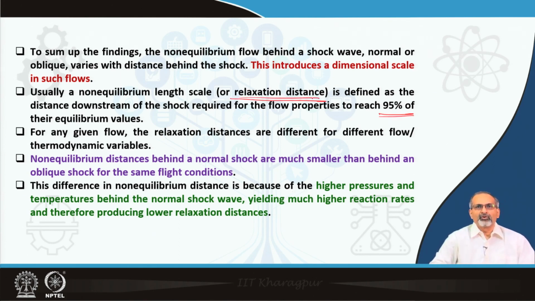For any given flow, the relaxation distances are different for different flow or thermodynamic variables. For normal shock, these are much smaller compared to the oblique shocks, and this difference in non-equilibrium distance is because of the higher pressures and temperatures behind the normal shock wave, which would yield much higher reaction rates and therefore would produce lower relaxation distances. So, these are very important facts that you need to keep in mind.